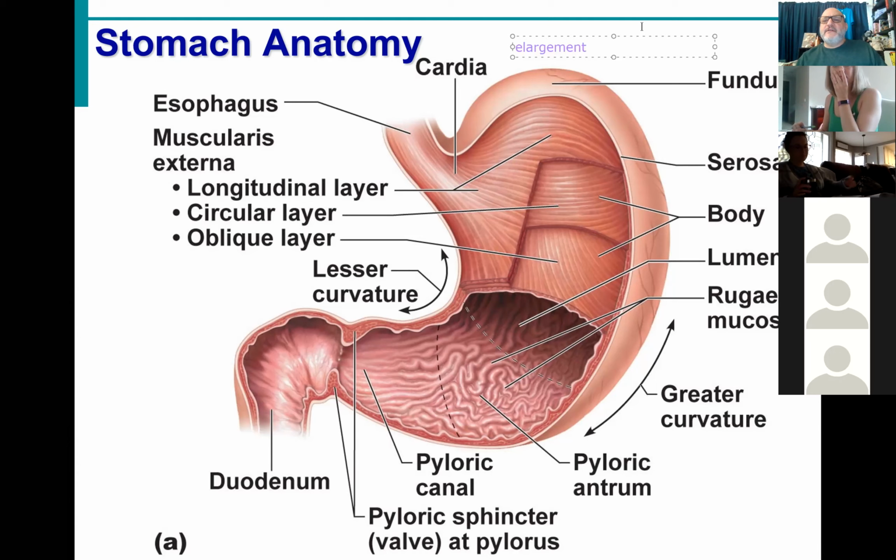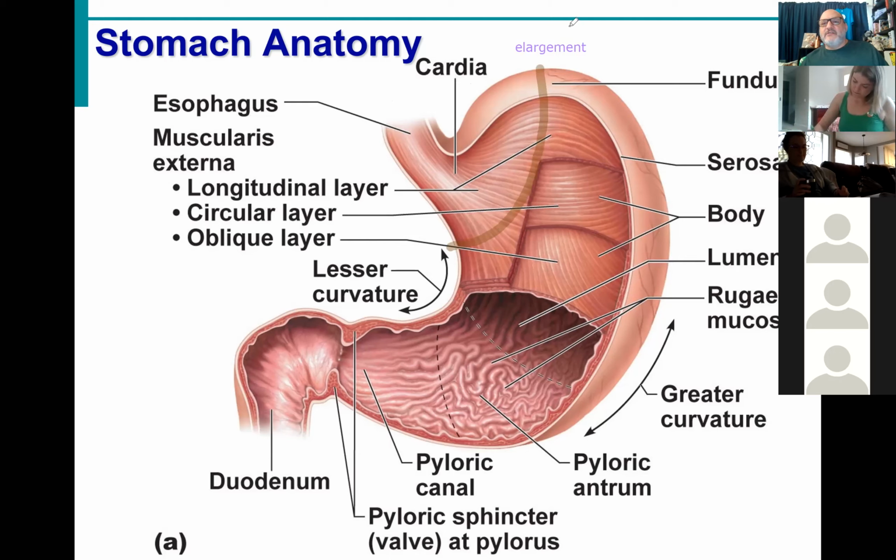We have the proximal part of it, the part that connects to the esophagus, is the region known as the cardial region or cardia because of its close proximity to the heart. This is why when you have an irritation of the stomach, we often refer to it as heartburn because of that referred pain.